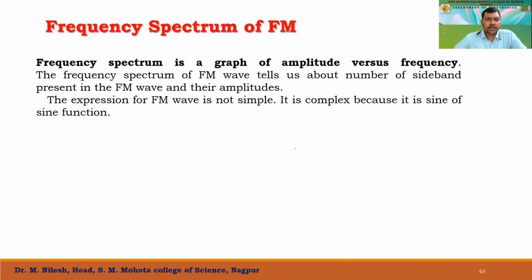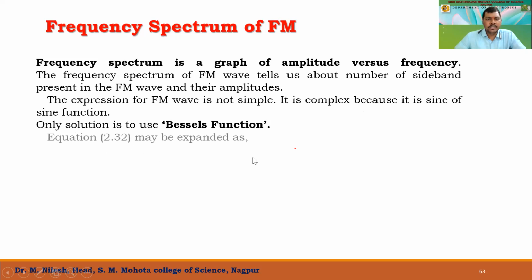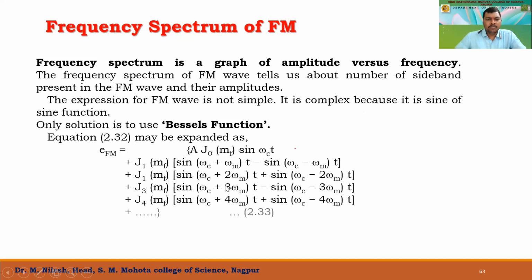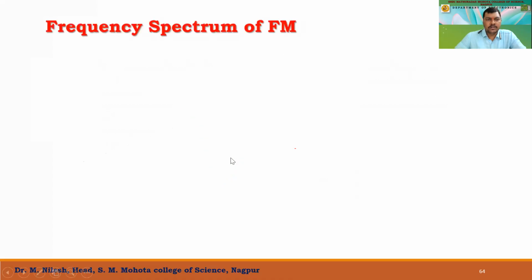The expression for the FM wave is not simple. It is complex because it is a sine of a sine function. The only solution is to use Bessel's functions. I guess we don't have this much in our syllabus, so we can skip that. Maybe we are concerned with the last equation that we derived.